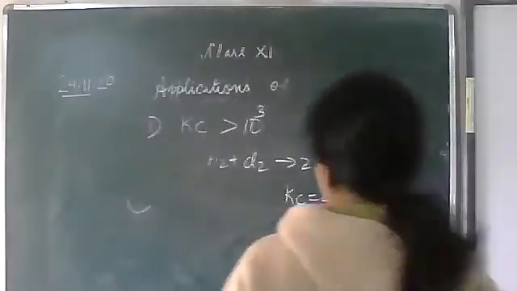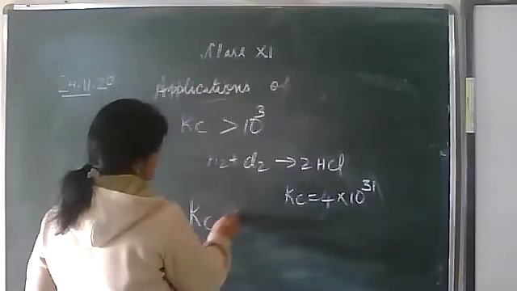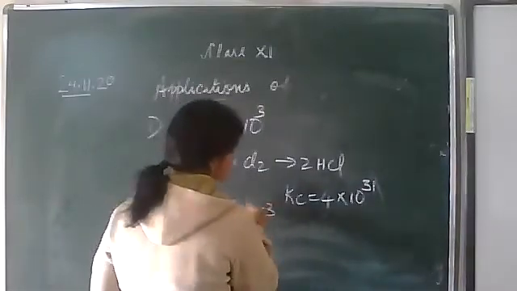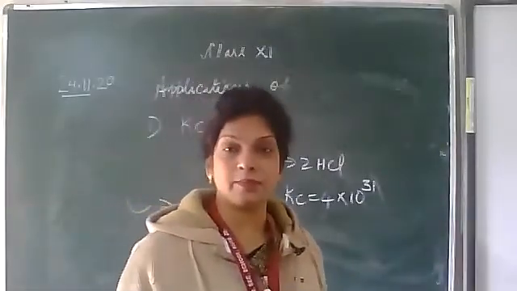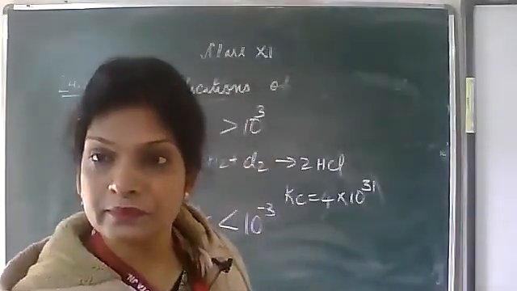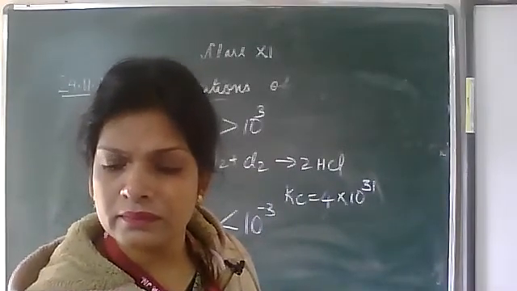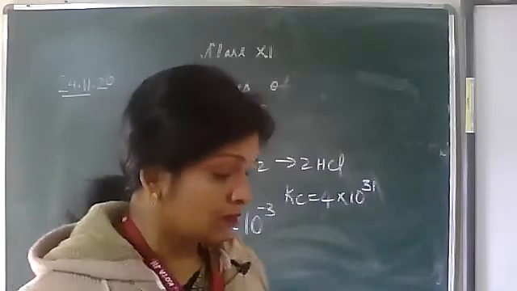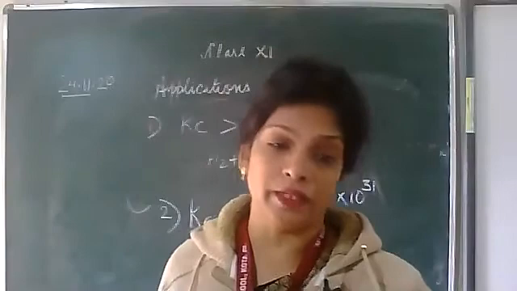Now, number 2, if Kc is less than 10 to the power minus 3, write down, the reactants predominate over the products.